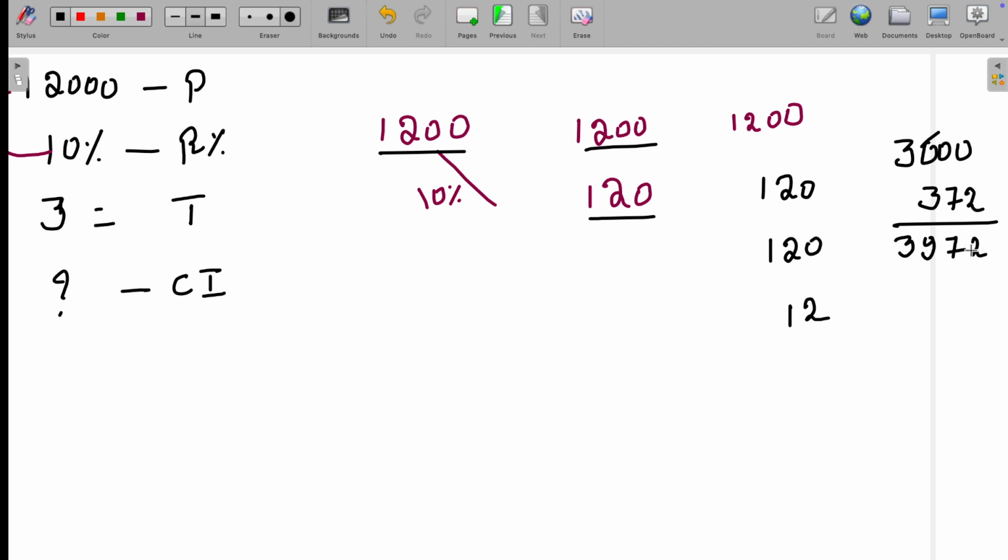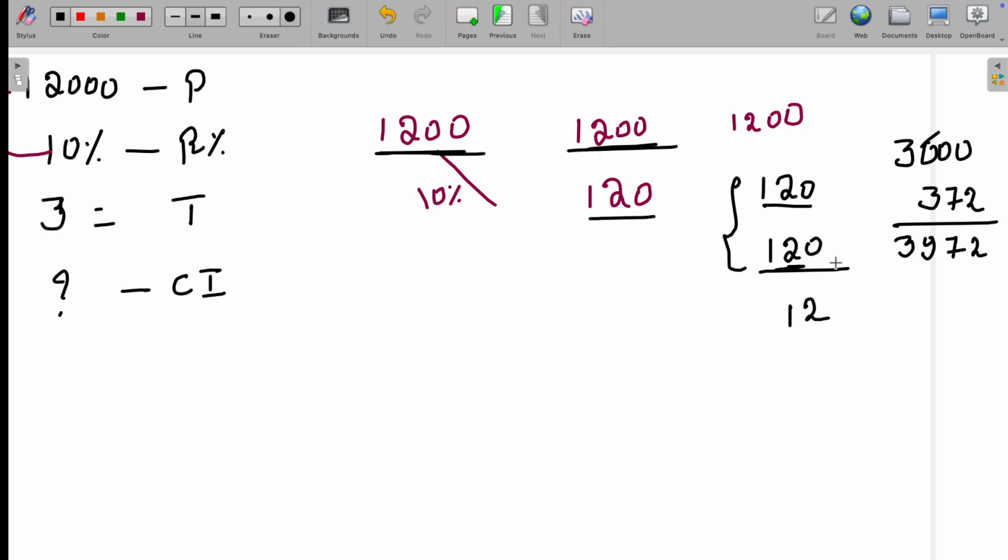In the last one, for this 120 and for this 120, individually I have calculated. Okay, is it clear?